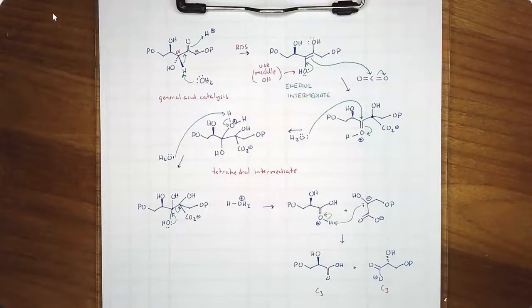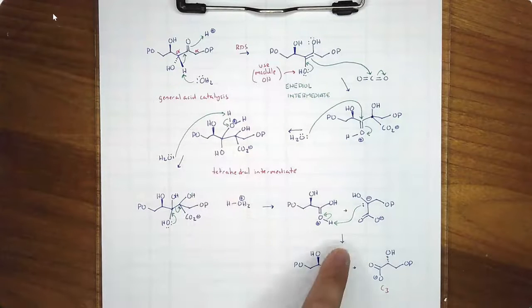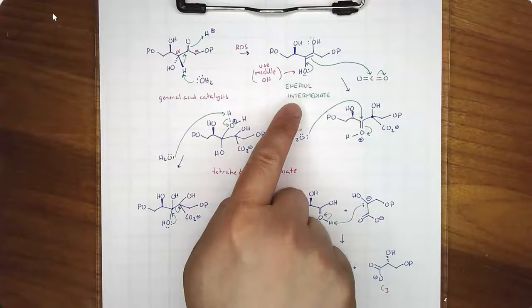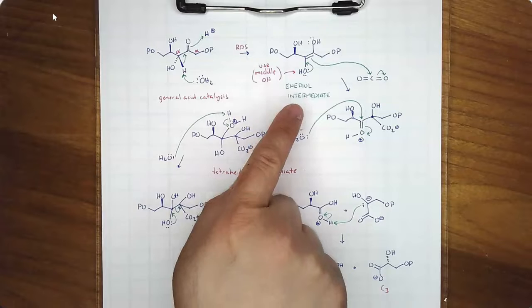I looked at several sources for the mechanism for RuBisCo, the first reaction. They vary quite a bit. I'm going to go with this. This one has 1, 2, 3, 4, 5, 6 steps. I do hit the key intermediates, which is enediol via a general acid catalysis.